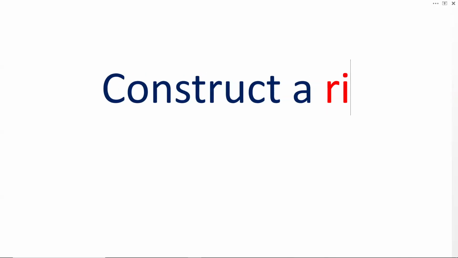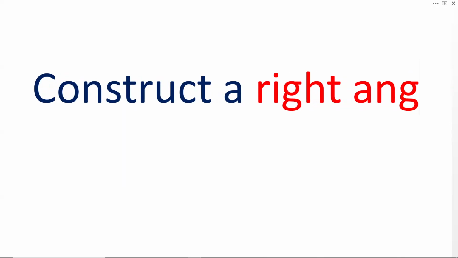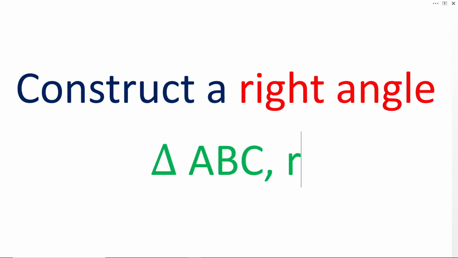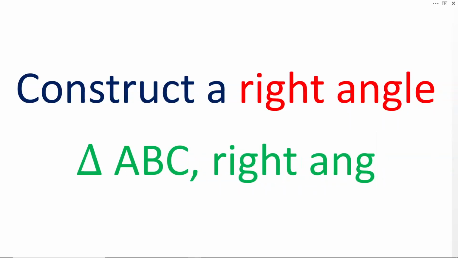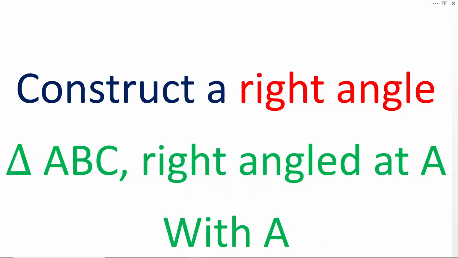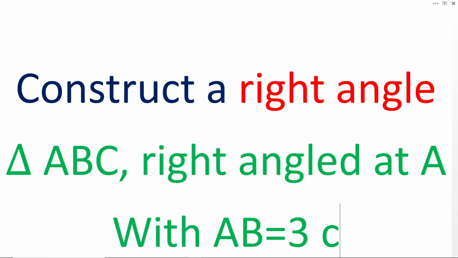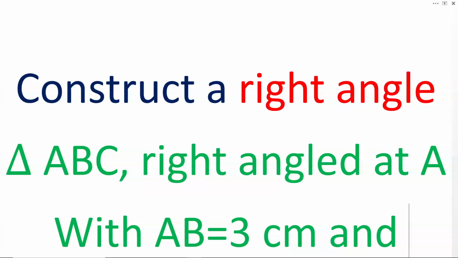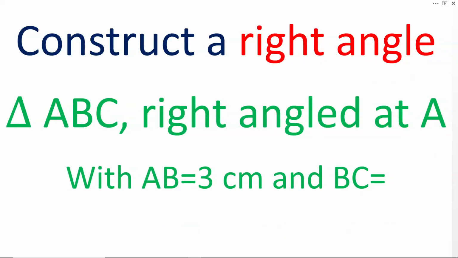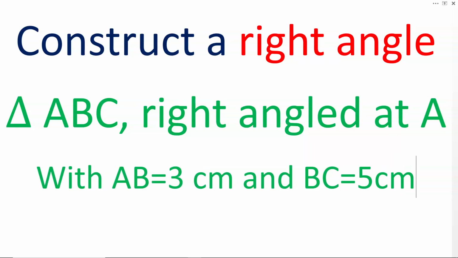We construct a right angle triangle ABC, right angled at A with AB 3 centimeter and BC equal to 5 centimeter.